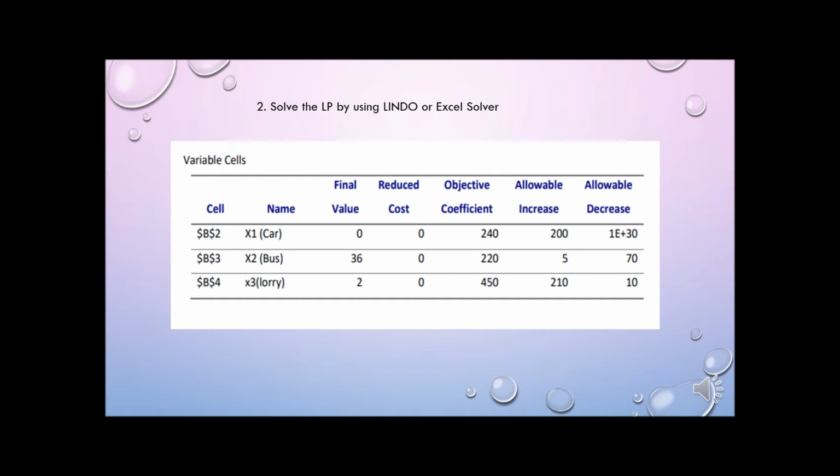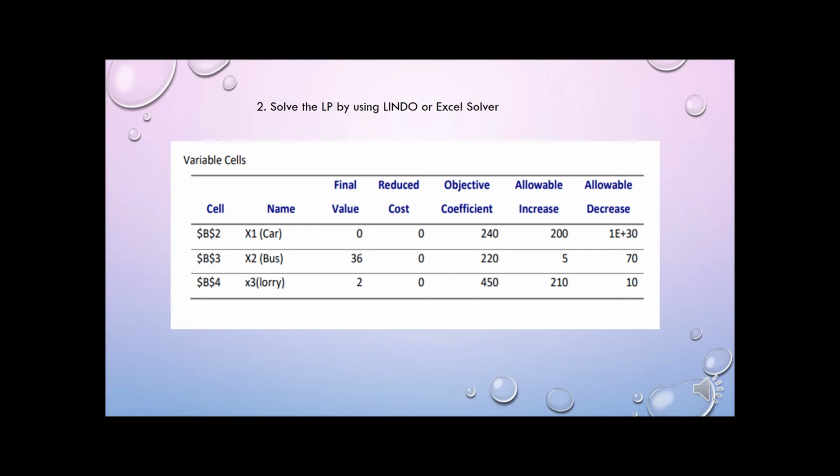Okay. First, objective coefficient. X1 240, X2 220, X3 450. The final value used for X1 is 0, X2 36 and X3 2 only.